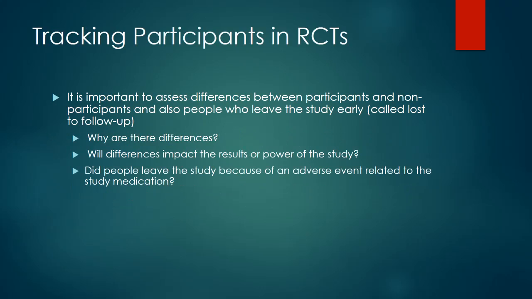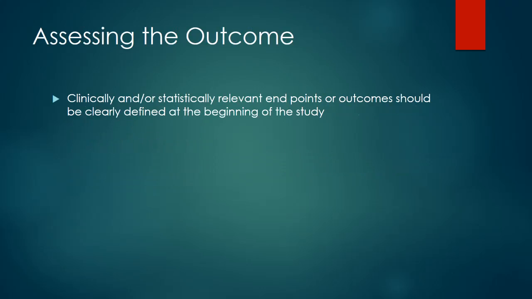So if we end up with a smaller sample size than we anticipated, that could certainly reduce our power. And we also want to know if people were leaving because of adverse events related to the study medication or treatment, whatever that might be. So recording adverse events is an important step in a randomized trial to allow us to make decisions about balancing risks and harms of potentially new interventions.